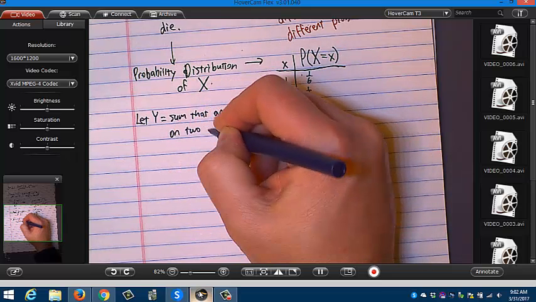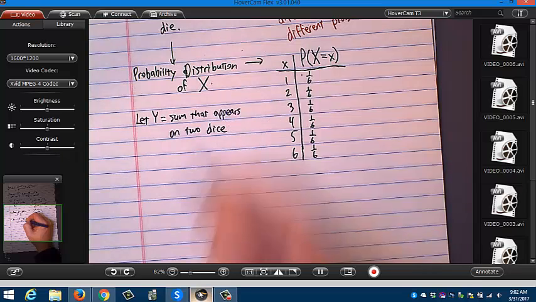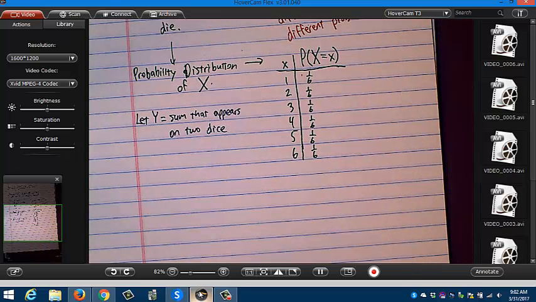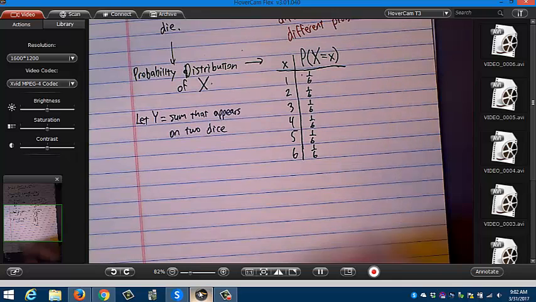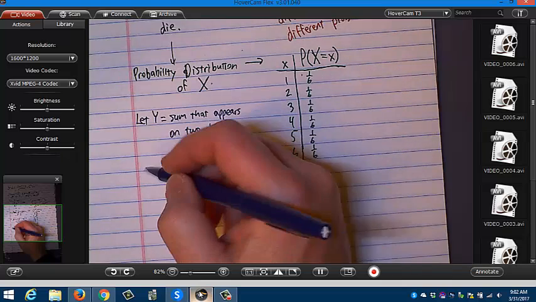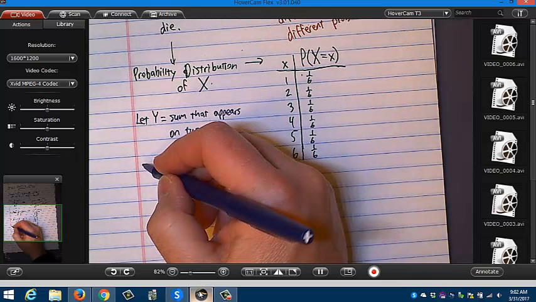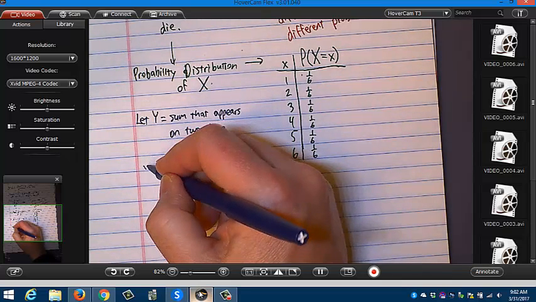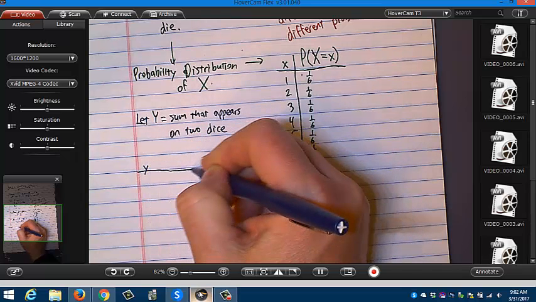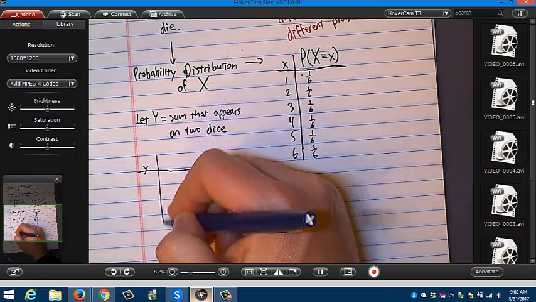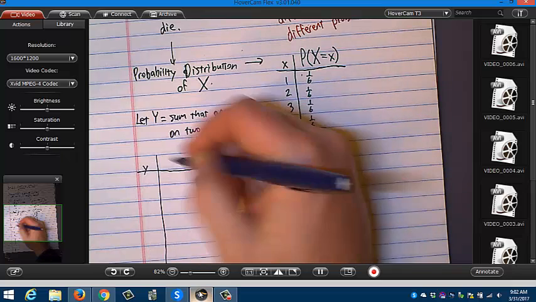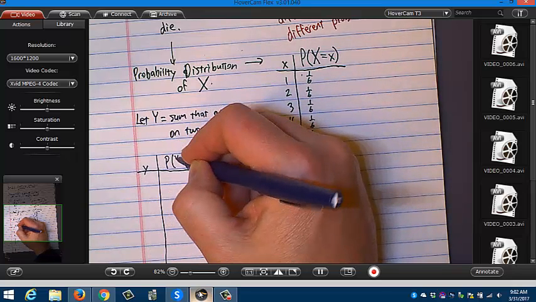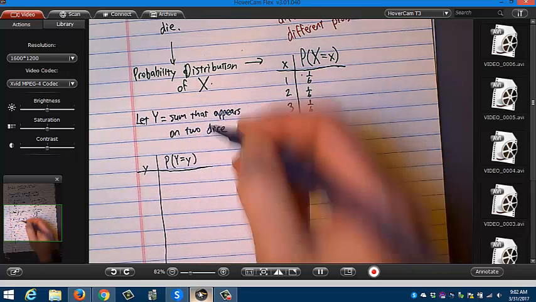We did this example already also, but we didn't formally call it a probability distribution. But I think it's worth our time. So I'm going to do the same thing. I'm going to have some values, I'll call it lowercase y, and I'll make a chart, and I'll have the probability that capital Y equals lowercase y.